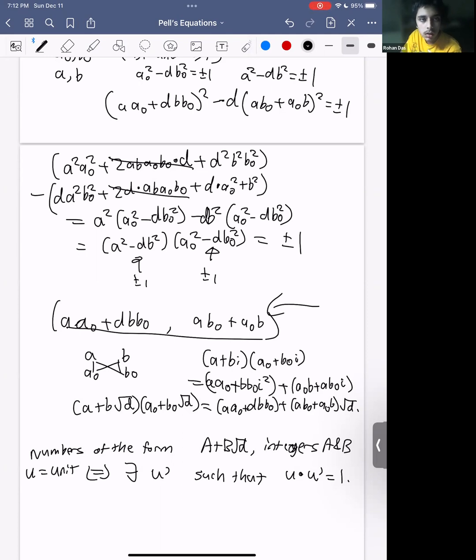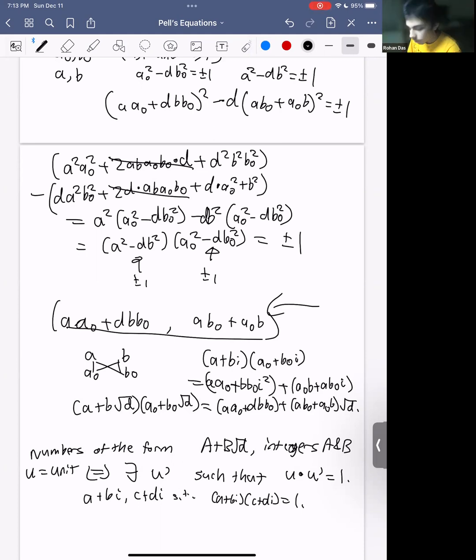So there you have a plus bi, not a plus b root i, for integers a and b, and you want to know when there exists c plus di such that a plus bi times c plus di equals 1.